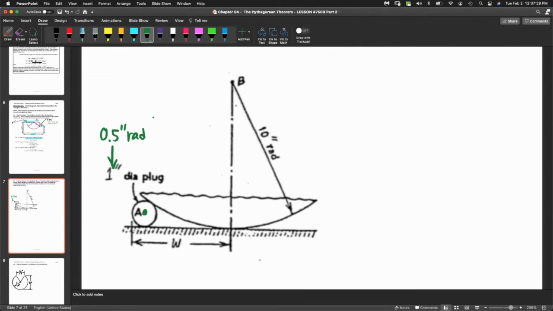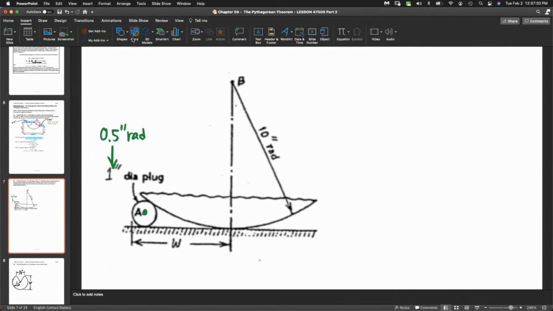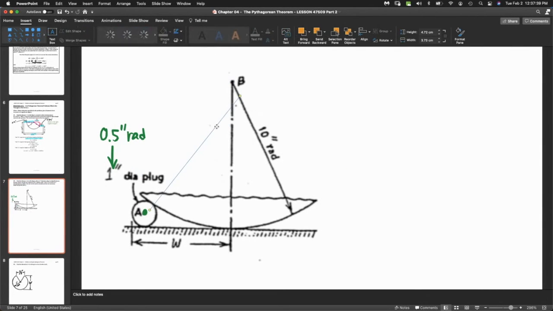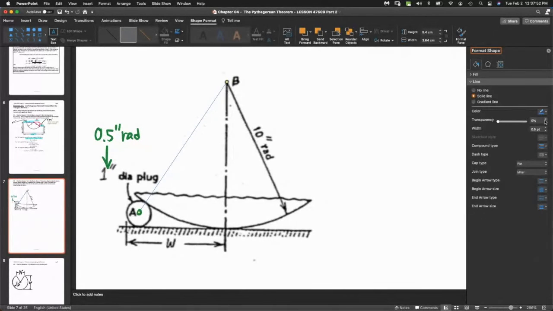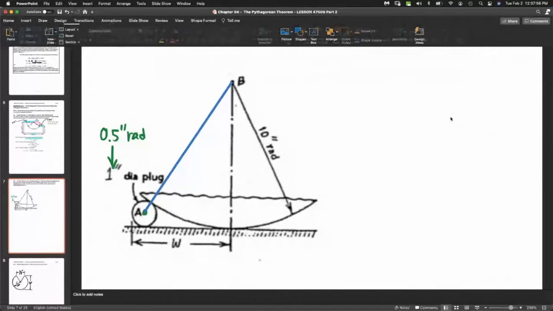For this one, I'll use the shape features because I can't draw a straight line to save myself right now. So let's do that here with a better mechanism on PowerPoint. So that's the line segment that we want.